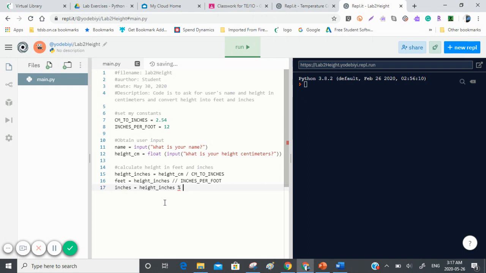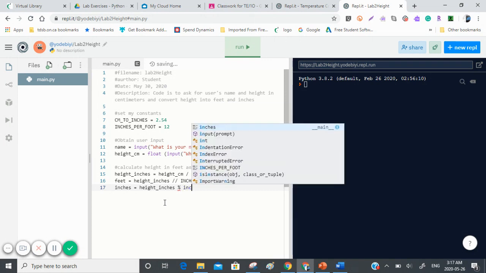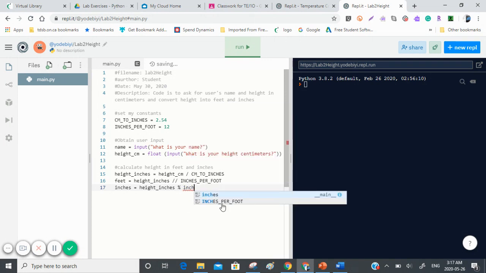So my inches is basically the remainder when I divide the height, that is in inches, by inches per foot. So you know the value of inches per foot is 12, and my height in inches, which I calculated up here, on that line there, whatever that number is.